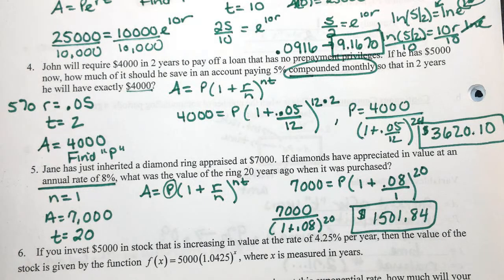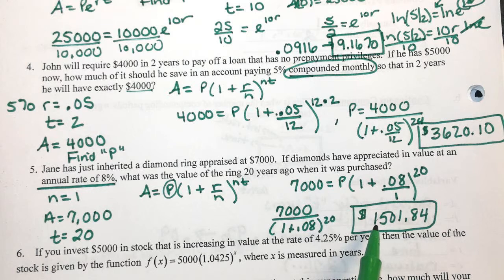You probably have heard before that it costs money to die, because this is what's called inheritance tax. People that inherit things, the tax man's going to want their share of the money. So if a ring was purchased 20 years ago and you don't know what it was purchased for, you've got to pay tax on the difference between what it's worth now versus what was paid 20 years ago.